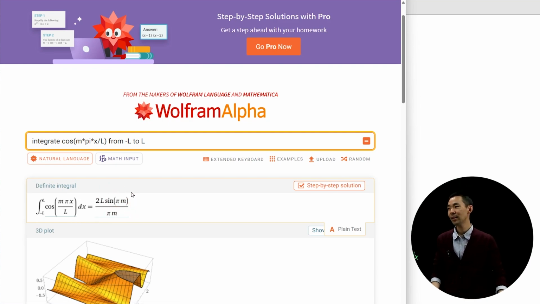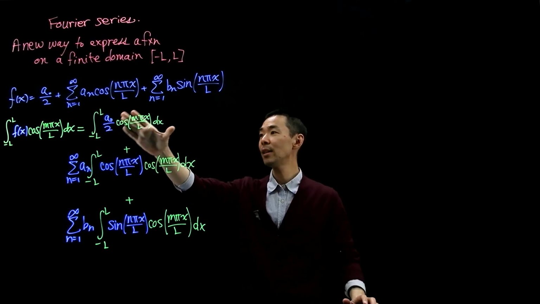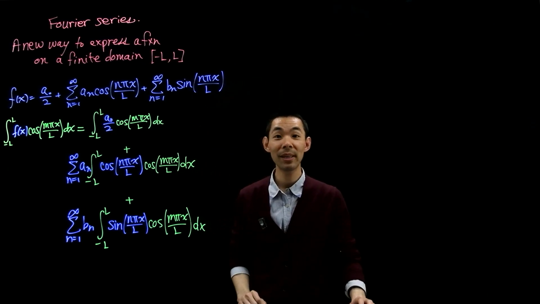When m takes on integer values, which it must, sine of pi times that integer is going to be 0 because sine passes through 0 every pi interval. So that means that this right-hand side is always equal to 0. Okay, good. So then this entire integral is going to be equal to 0.